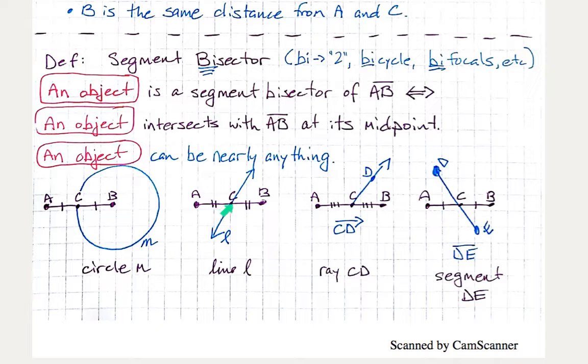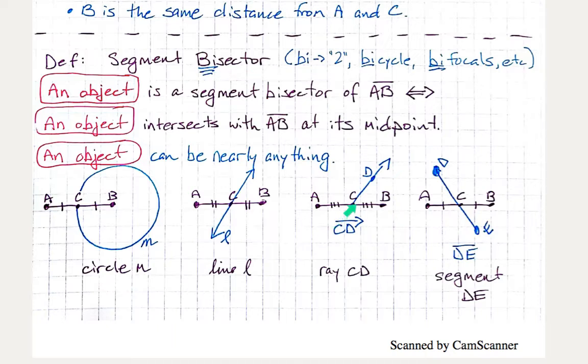Over here, line L cuts through segment AB at point C, and C is the same distance from B, according to the tick marks, as it is from A, which means C is the midpoint, and therefore line L is a segment bisector.